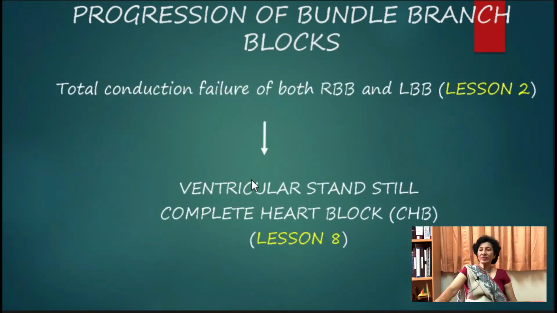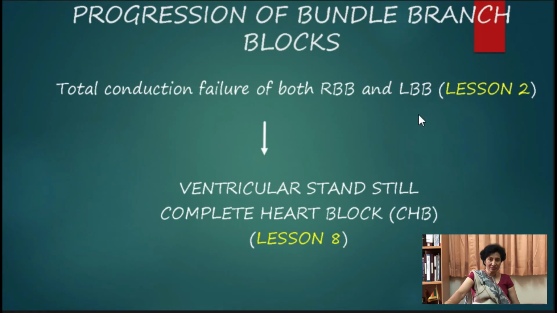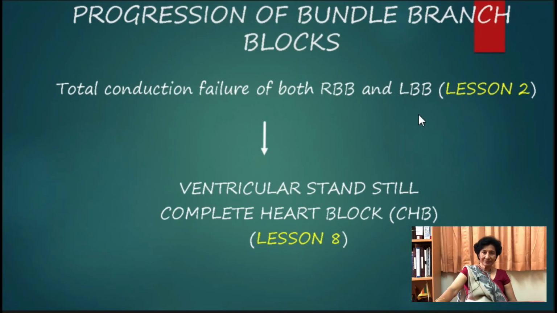If there is total conduction failure of both right bundle branch and left bundle branch, what are the conditions this can happen?